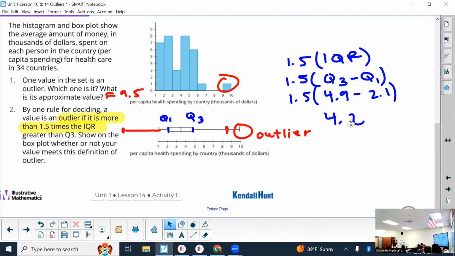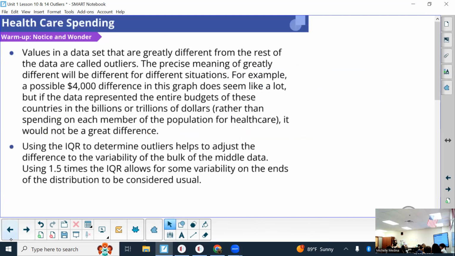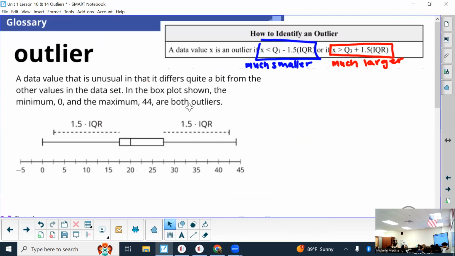Maybe it'll make more sense with this rule that I'm about to show you. All right, so we know something is an outlier if it is smaller than Q1 minus 1.5 times the IQR, or if it is greater than Q3 plus 1.5 times the IQR. So I would copy this down. This makes more sense to me, in my opinion. But if you're more of a visual person, then you could use this picture.